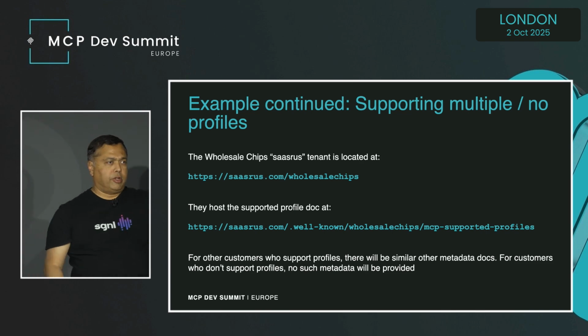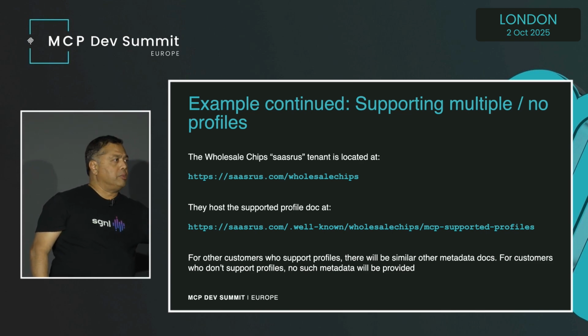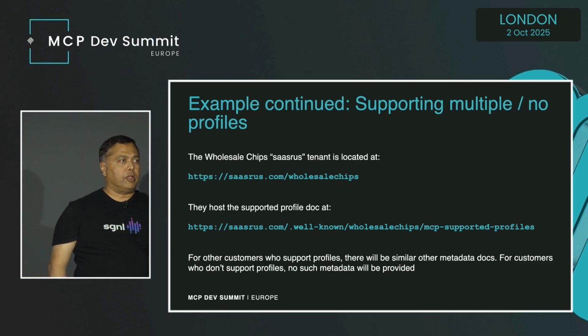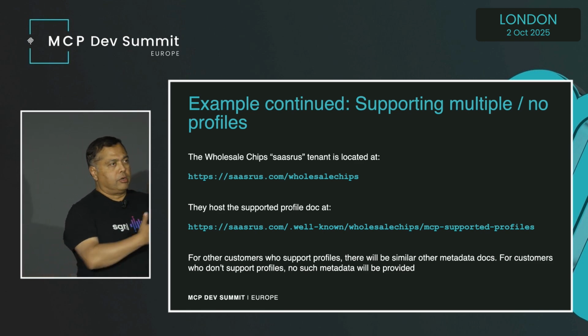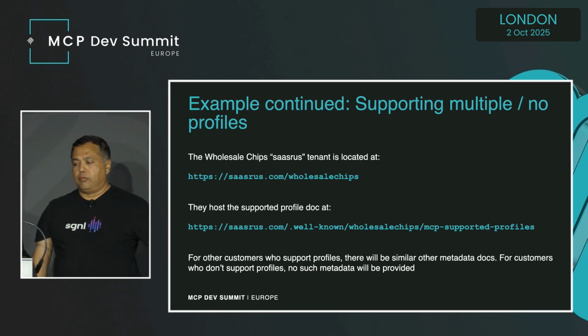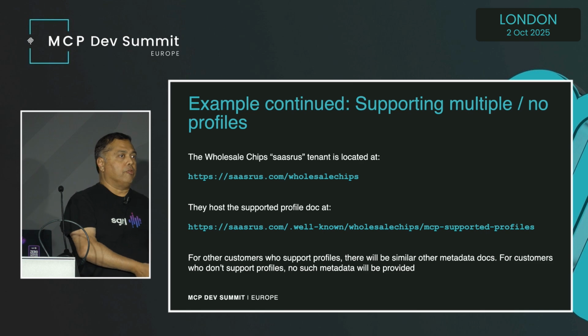This is specified in the IETF RFC about well-known documents. And so this is a standard way of identifying which particular profile you're looking at or which particular metadata document you're looking at. That metadata document, when you get it, is going to say that I support that wholesale chips profile, right?